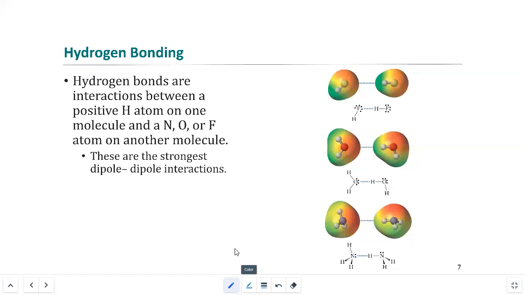What we find in hydrogen bonding is not only do we have a dipole, not only do we have a separation of charge, but we almost have it to an extreme level, because what we see are bonds to these highly electronegative yet small atoms: nitrogen, oxygen, fluorine.